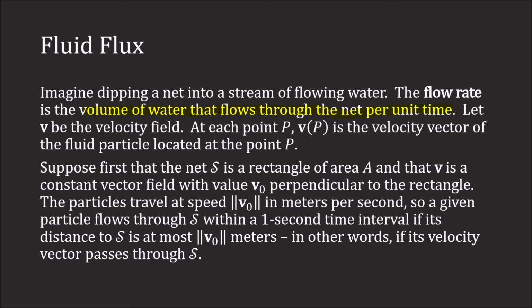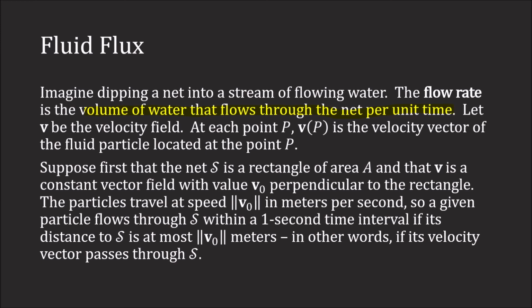Suppose first that this net is a rectangle of area A, and that V is a constant vector field with value V naught that's perpendicular to the rectangle. The particles travel at a speed norm of V naught, measured in meters per second. So a given particle flows through S within a 1 second time interval if its distance to S is at most norm of V naught meters.